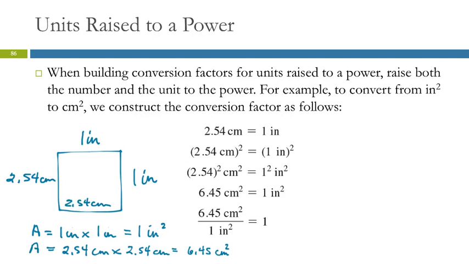What students will sometimes do is they'll tell me that 1 square inch is 2.54 square centimeters. No, it isn't. You have to square the number. If you're going cubic centimeters and cubic inches, you have to cube the numbers. Any questions?